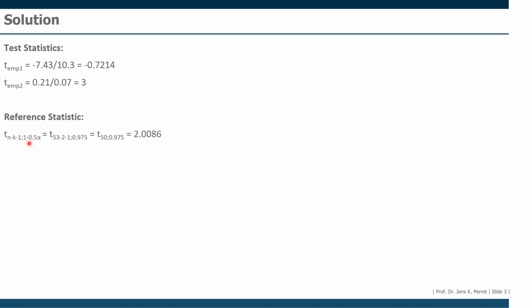So I'm going 1 minus 0.5 times 0.05, giving me 0.975. So in total, I have to look up in the table for the t distribution the value t, 50, 0.975. There I'm going to find a value of 2.0086.